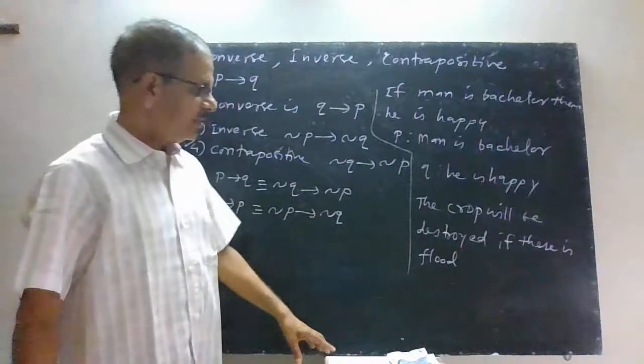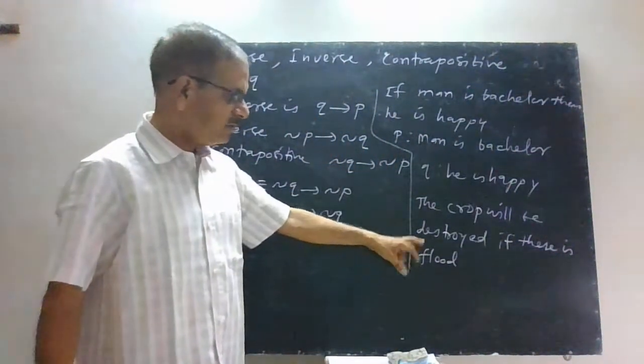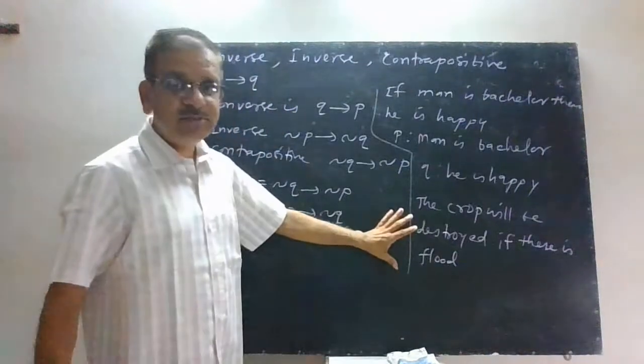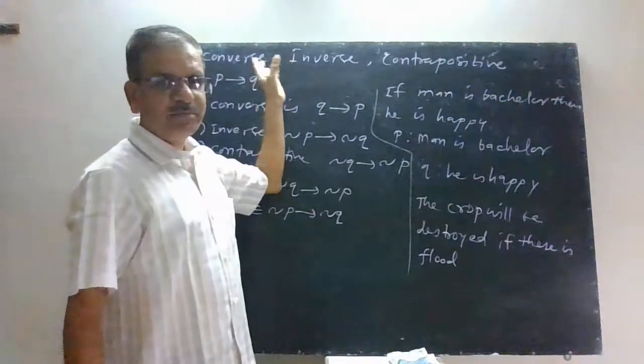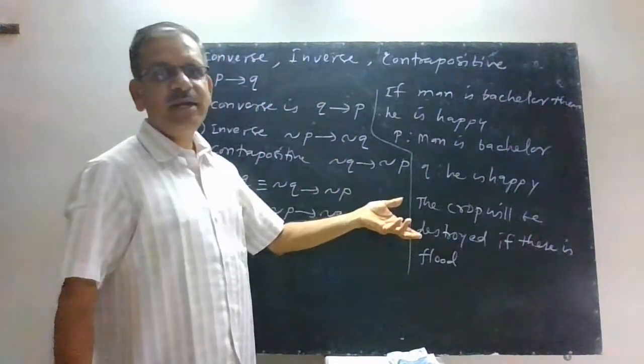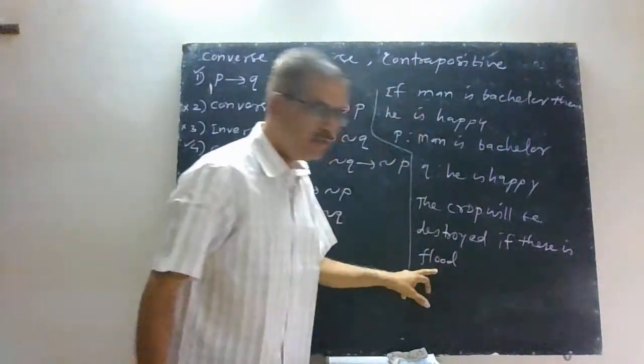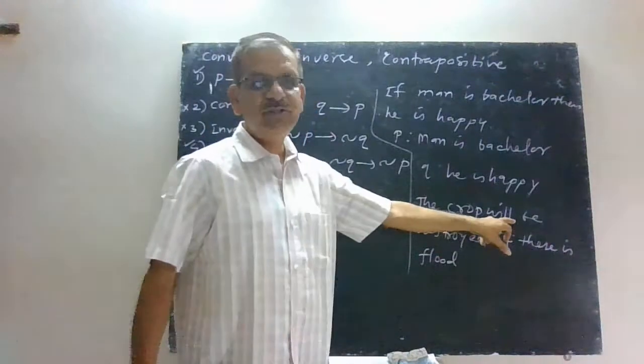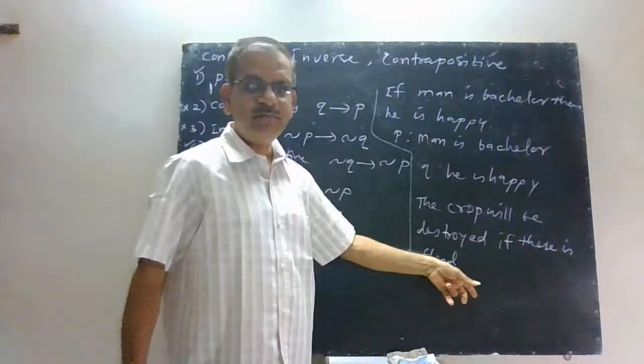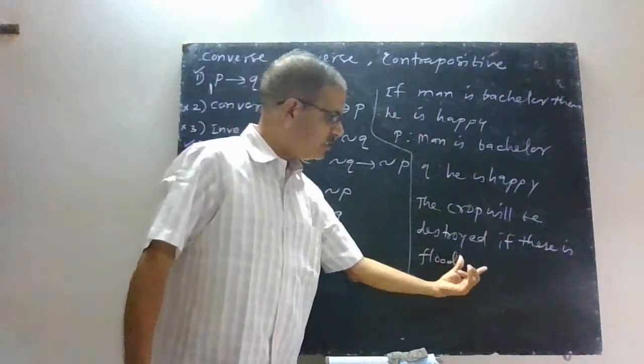Now observe this statement. It is no doubt of the type P implies Q, but the roles of P and Q are changed here. If there is flood, then the crop will be destroyed. Actually the statement is of this type: this is your Q and this is your P.